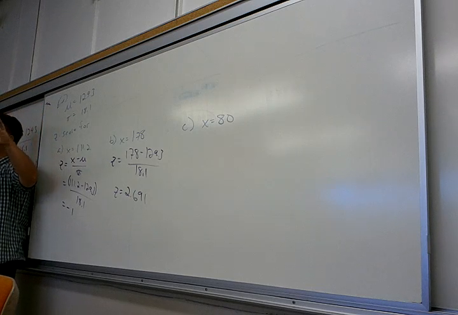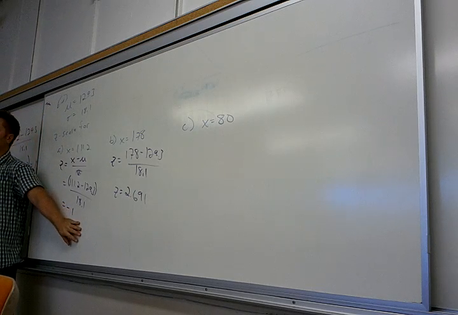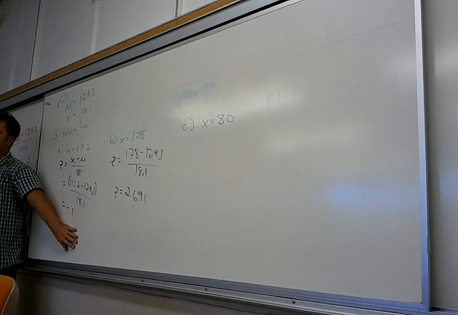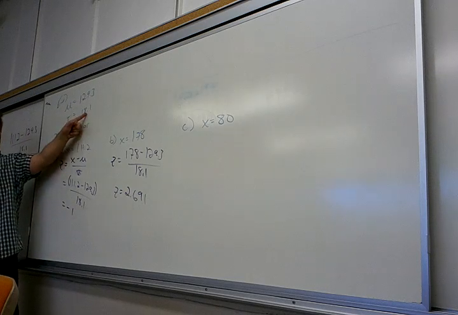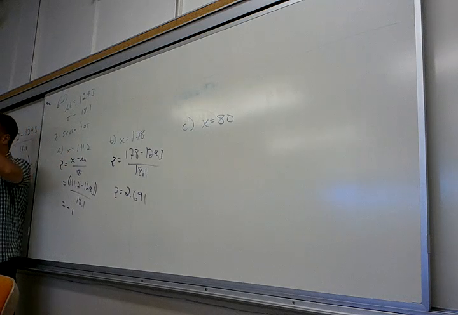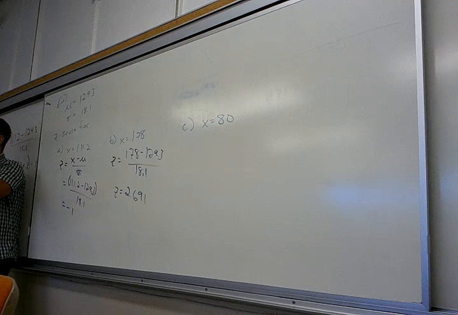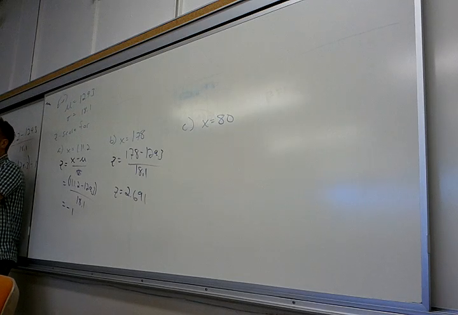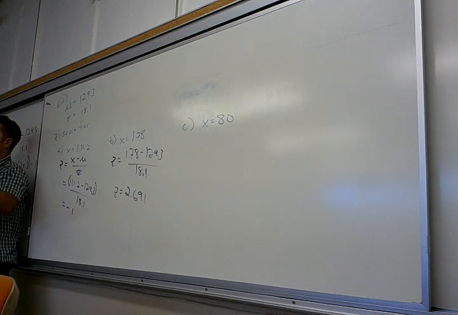Okay? So the z-score is how many steps away from the mean the data point is. It's how many steps away from this that the data point is. That is a measure of distance. Just like in real life, I could use inches, or centimeters, or miles. In statistics, we always use standard deviation.